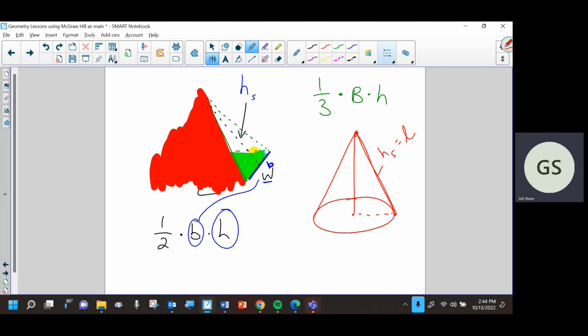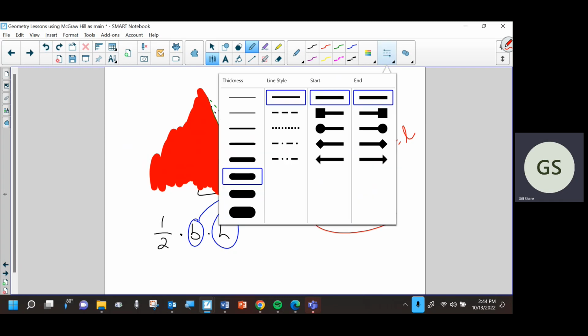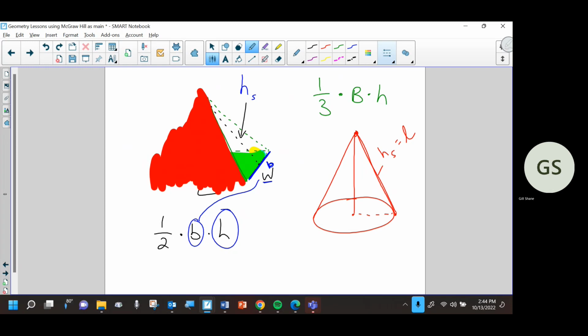It goes from the vertex of that triangle up top all the way down to the base, and the bottom intersection is a right angle. So that black dashed line is the height if we're dealing with this formula.